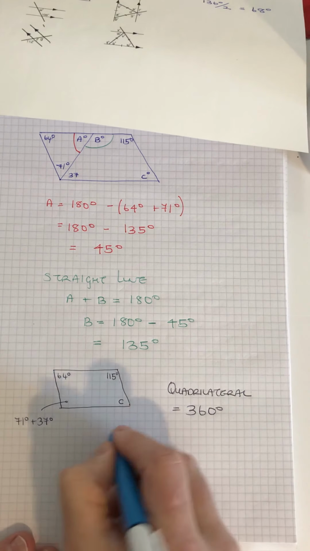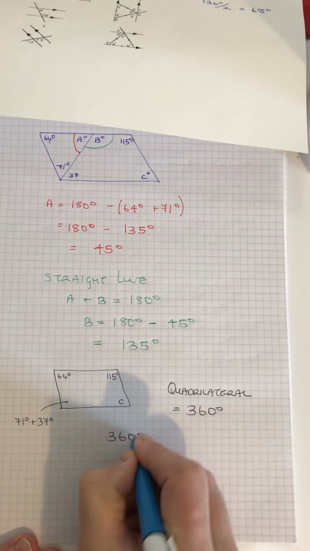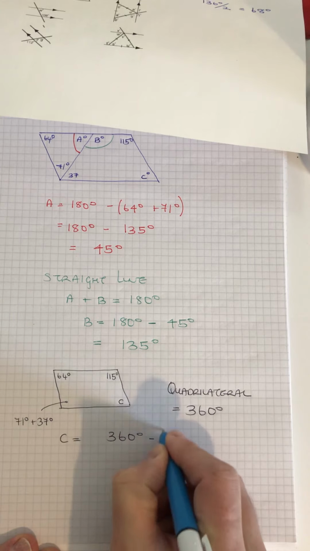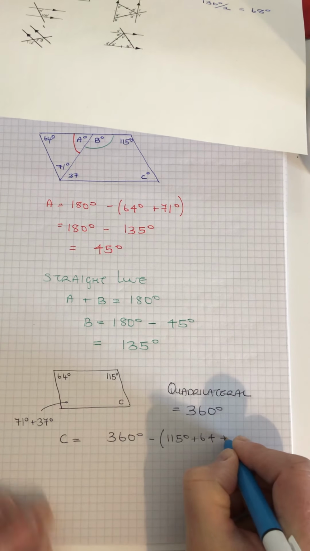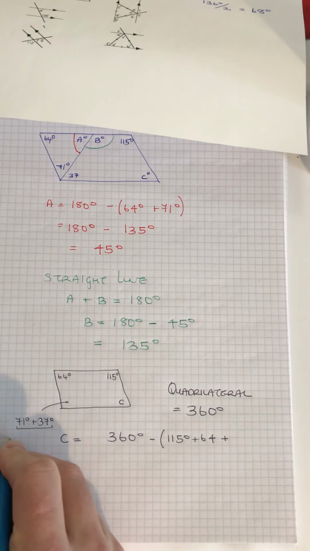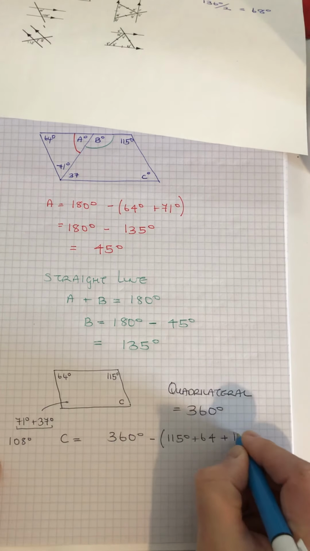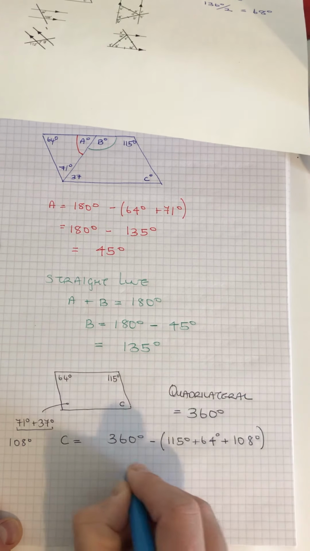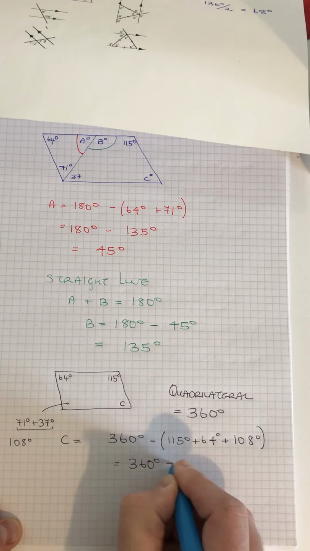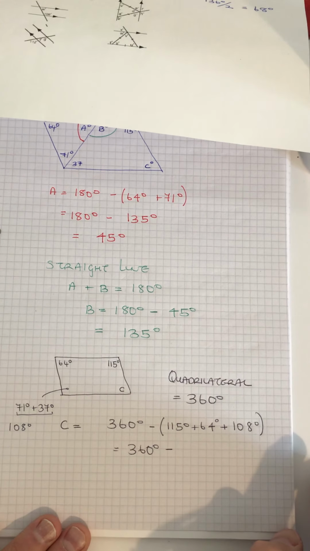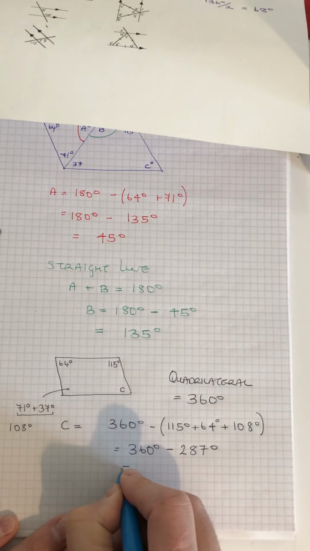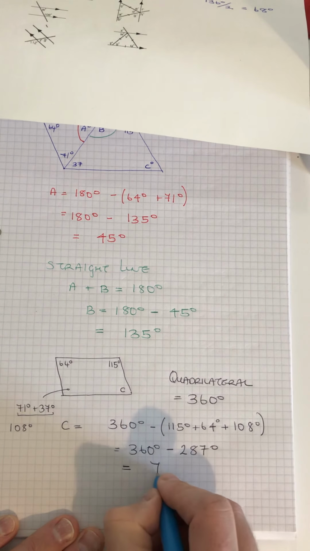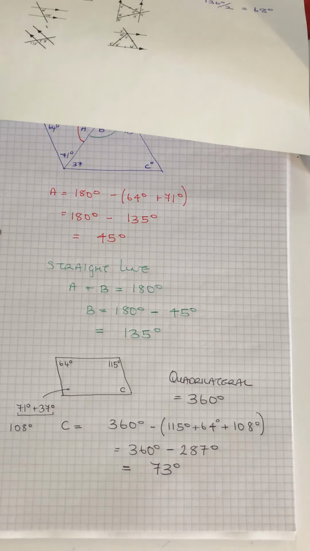So C is equal to 360 minus 115 plus the 64 plus these two, which give us 108. Which will be 360 take away 287, which is equal to 73 degrees. So hopefully that helps you get through those.